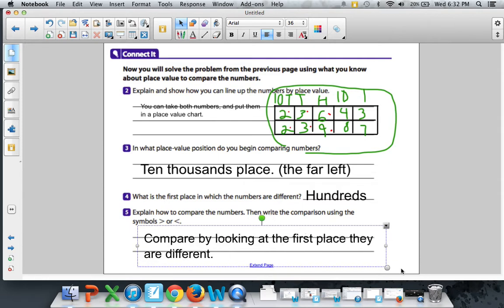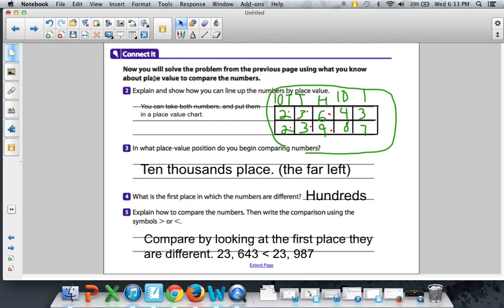In fact, I'll keep typing it. Why not? I'm already typing. I may as well keep typing. So we've got 23,643 is less than 23,987. Because that 9 is the big one in the first place that they are different. No problem, yeah?